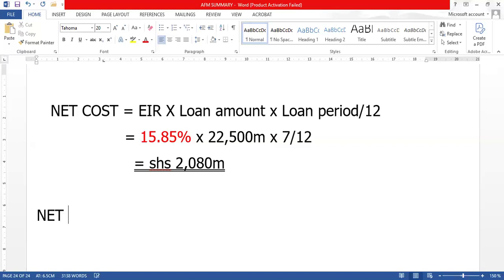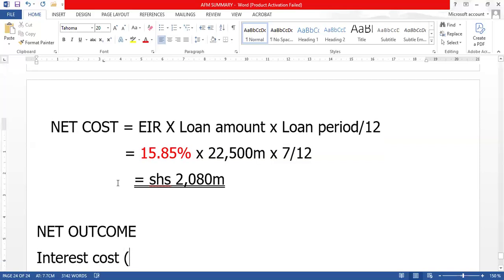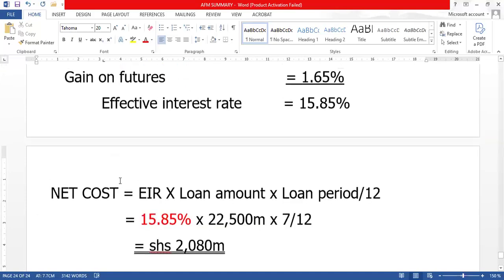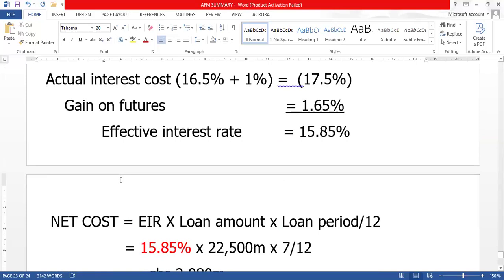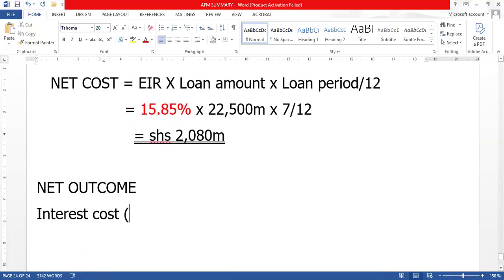Sometimes you may meet some people doing it like this. Net outcome. For net outcome, you get the interest cost, and the net interest cost, you now get in terms of amount, direct.